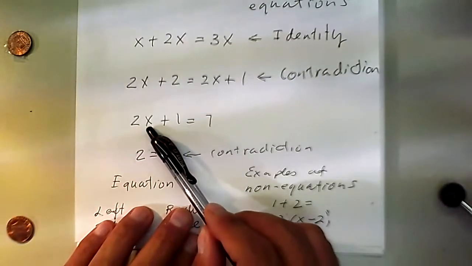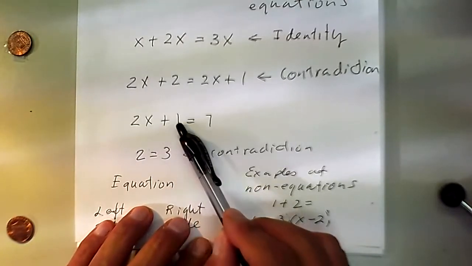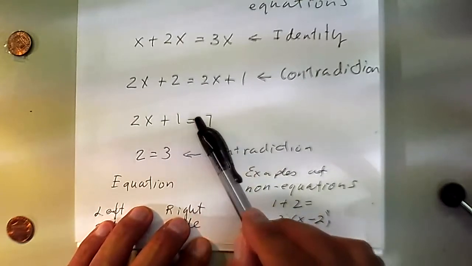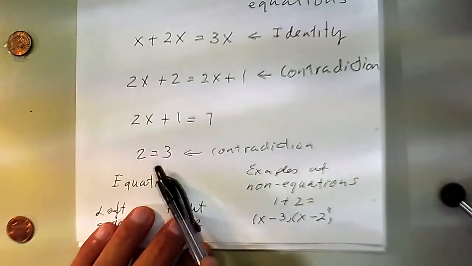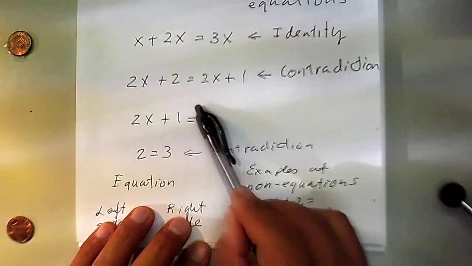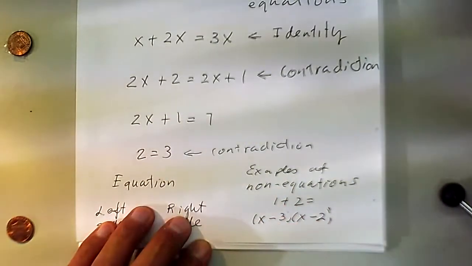If x is 4, for instance, 2 times 4 is 8 plus 1 is 9. Then that equation will be false. So this does not fail to be an equation, just like 2 equals 3 doesn't fail to be an equation. But this equation could be true or false depending on the value of x.